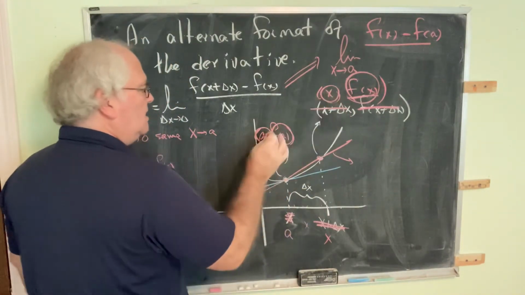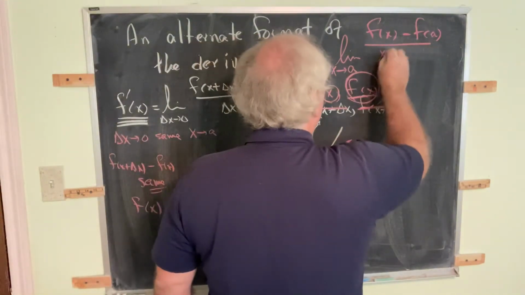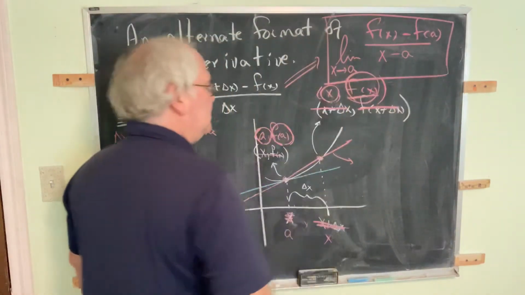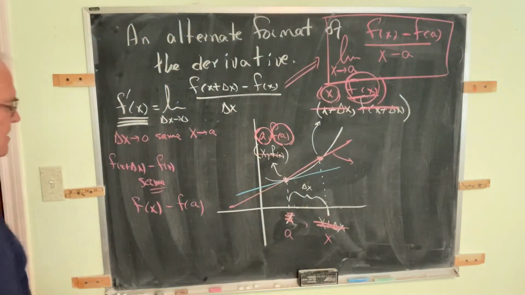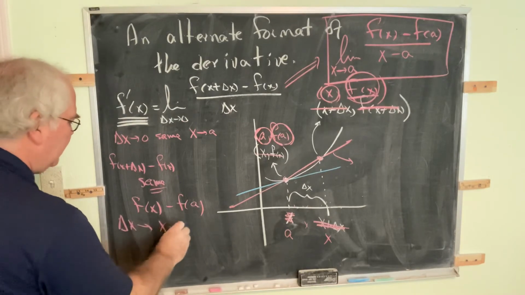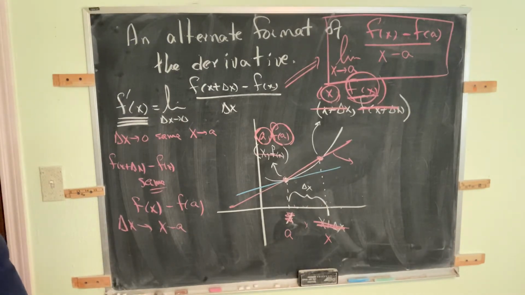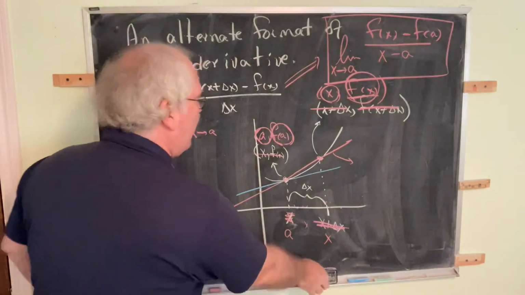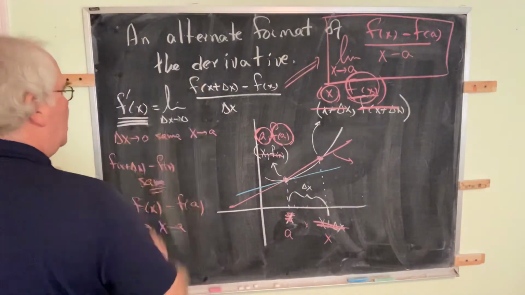This x coordinate minus that x coordinate is x minus a. And what we have developed now is exactly the same thing. So delta x is the same thing as x minus a. And so that gives us this new alternate format for the definition of the derivative.